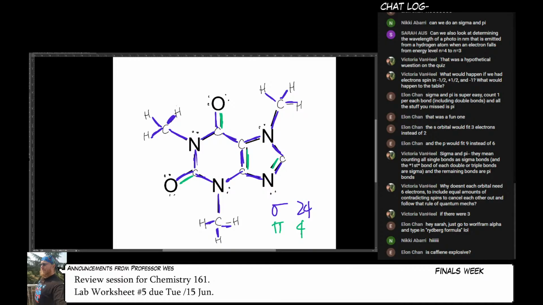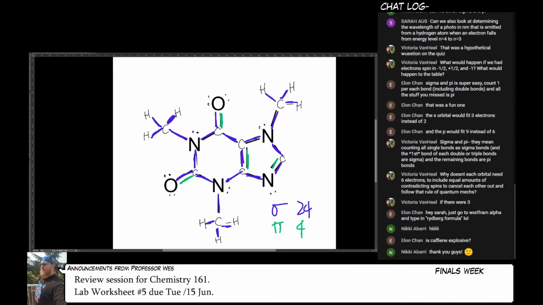Now, if we really wanted to have some good questions about this, I could point at any atom on this structure and ask what the geometry is around it. And you would be able to do that pretty easily because you could count electron groups. I'm trying to get a unique color here, but I've sort of used them all, haven't I? So let's suppose that I looked at this nitrogen right here, and I said, what's its geometry?